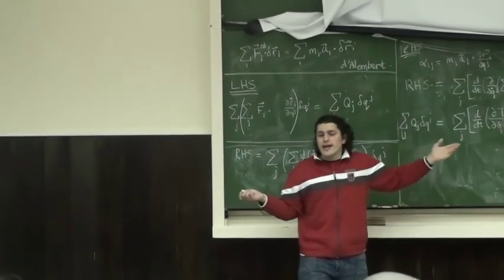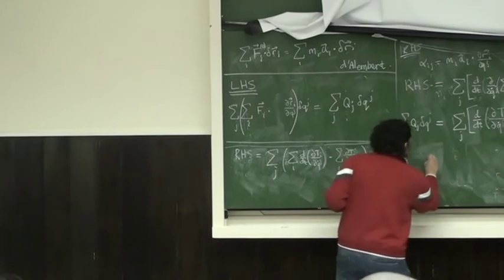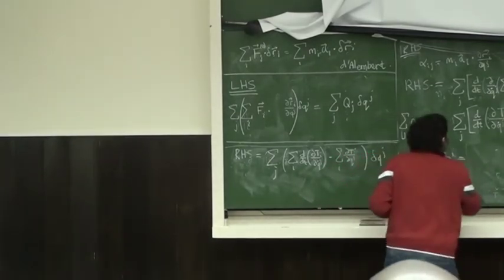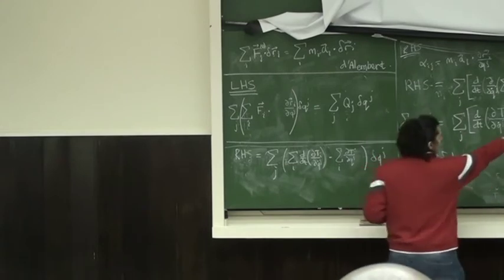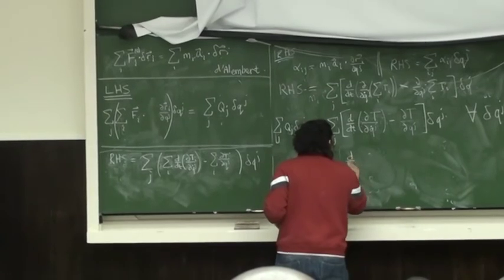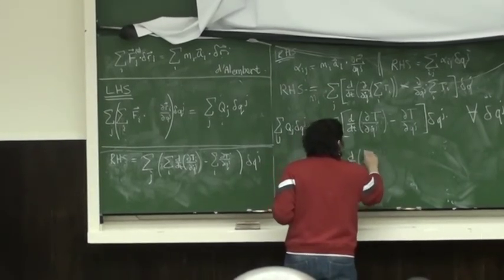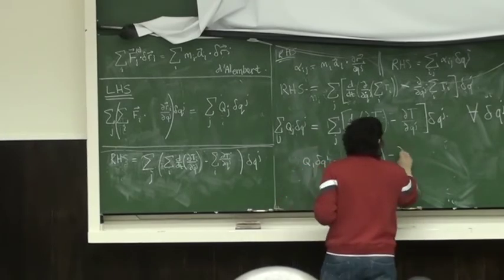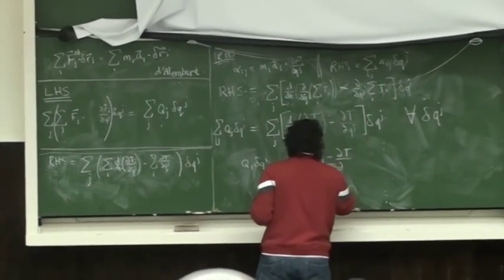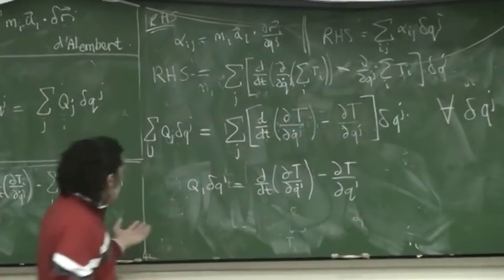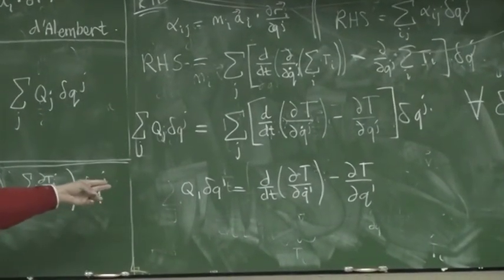The sums go away, and I just get Q1 delta Q1 is equal to, the sum goes away because Q1 is the only one that's non-zero, d by dt del T by del Q1 dot minus del T by del Q1. Right, so I get the equation.